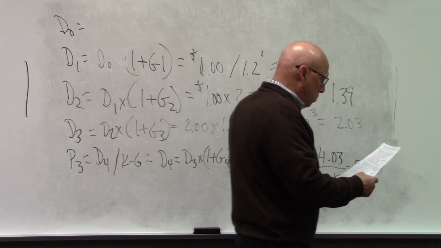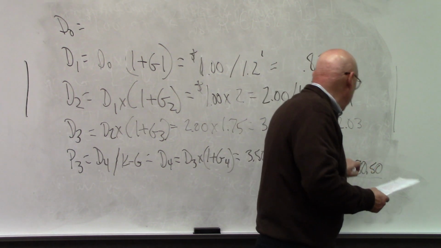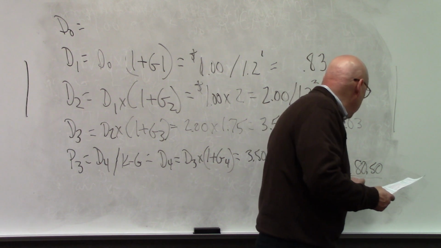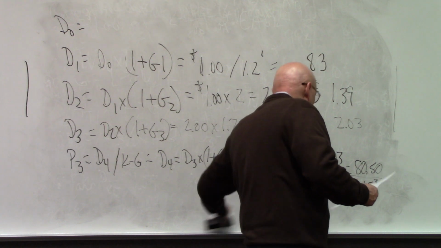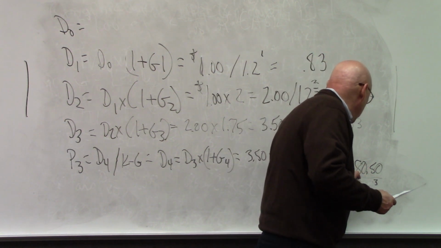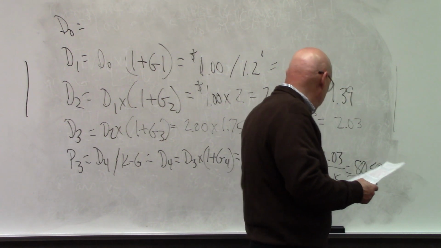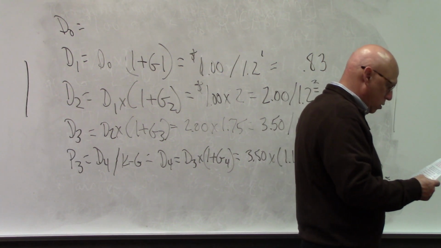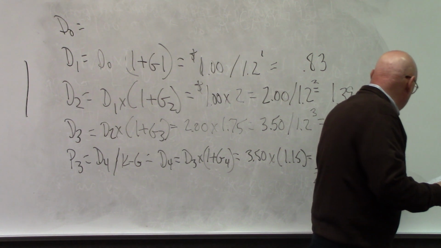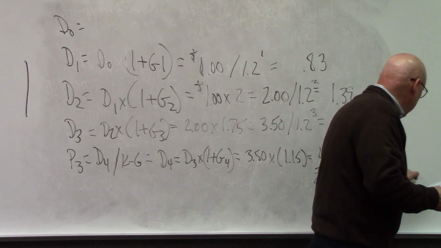And then P3 equals $80.50 divided by 1.2 to the third. I'm sorry, not 1.15, 1.2. And that equals $46.59.